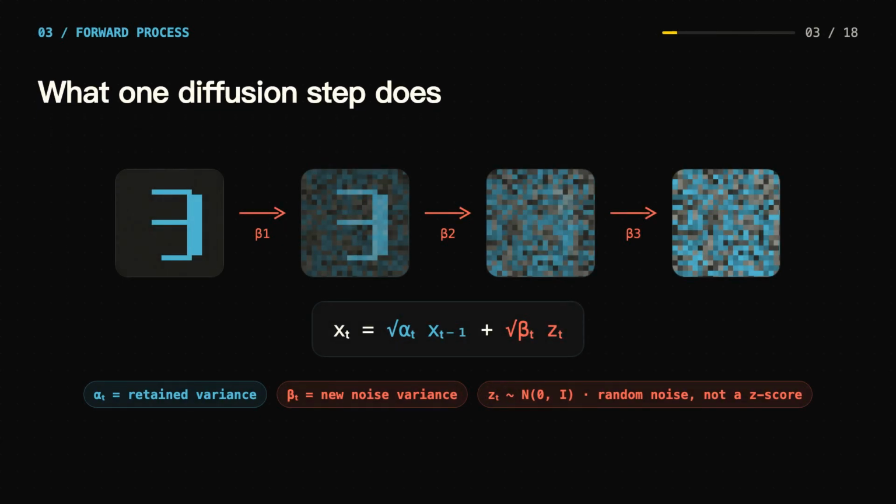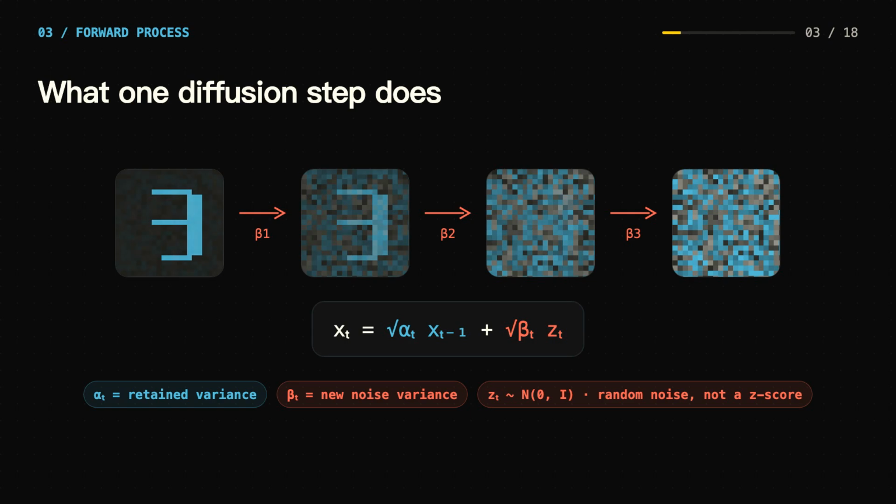The time index t tells us which diffusion step we are on. Beta t controls how much new variance is injected in that step. Alpha t equals 1 minus beta t, and controls how much variance survives from the previous state. Both coefficients appear under square roots because a standard Gaussian is multiplied by a standard deviation, while beta and alpha describe variances.